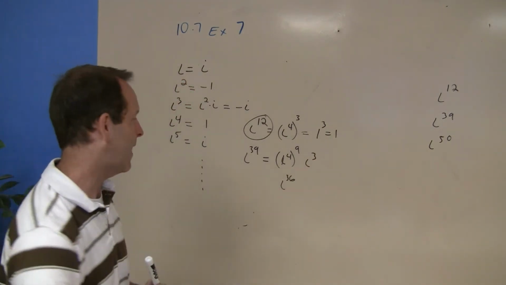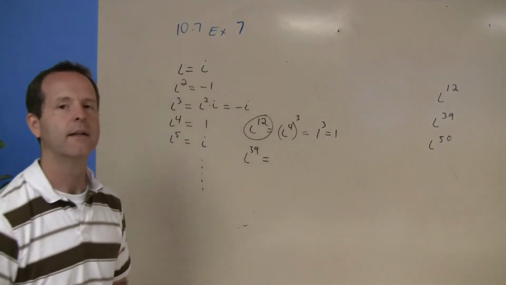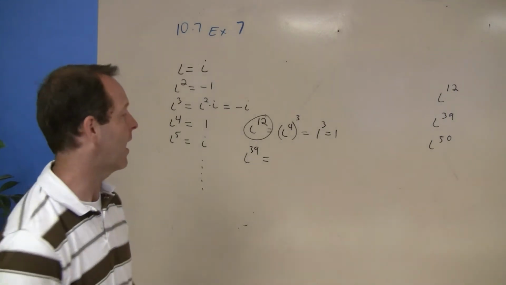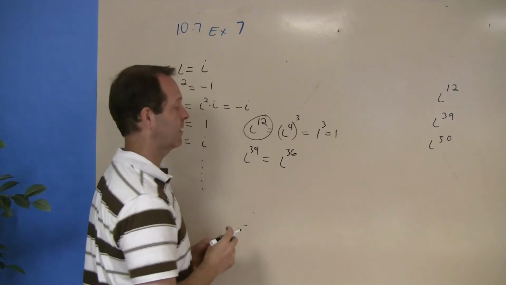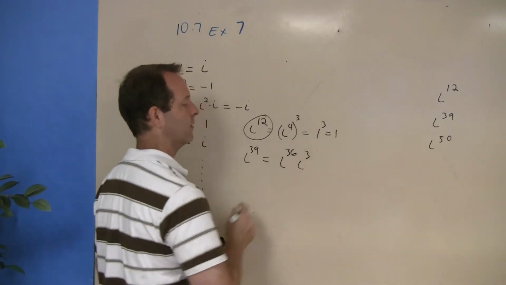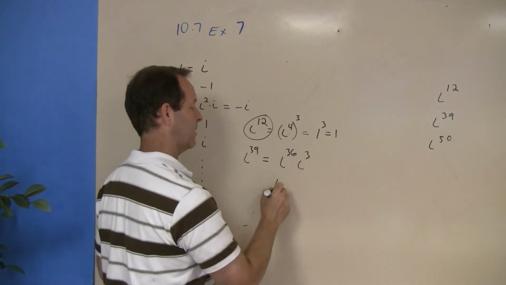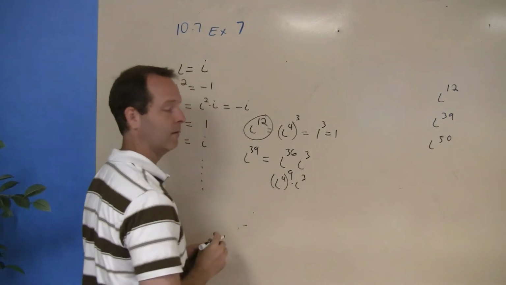Maybe a better way to say that is, let's look at i to the 39th and find the largest multiple of 4 that goes into 39. That's i to the 36th, and what's left over is i to the 3rd. And i to the 36th is i to the 4th to the 9th power times i to the 3rd power.